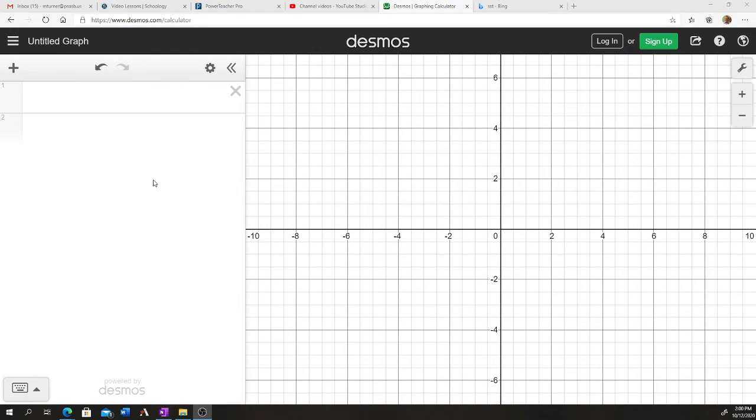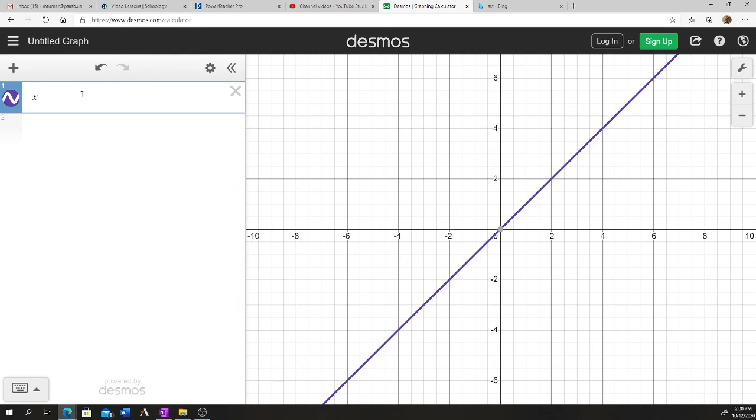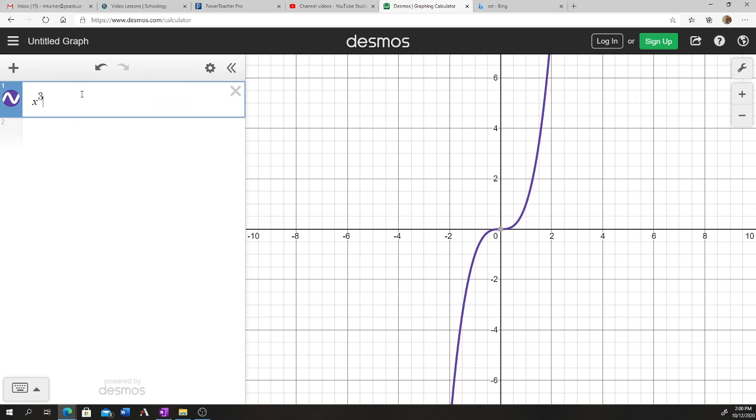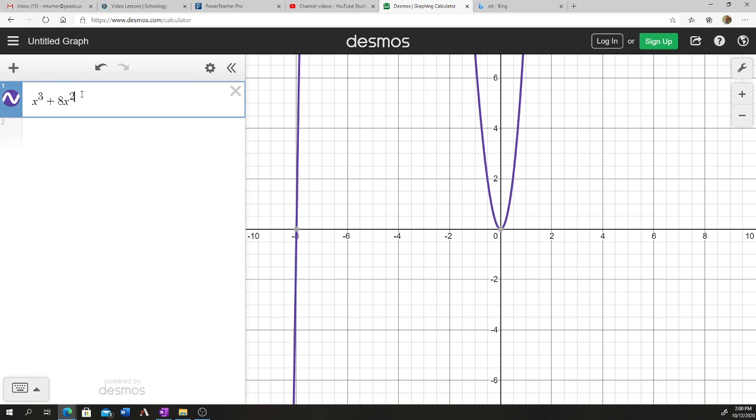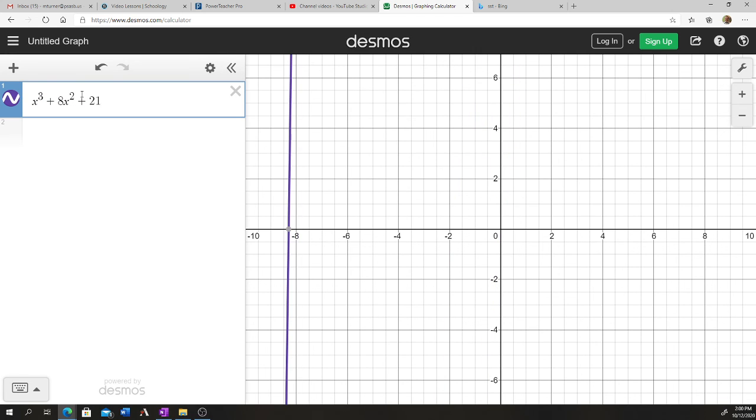So let's say I was getting caught up on the synthetic division, or let's say I did a great job on the synthetic division and I wanted to make sure that my answer is correct. Well, pull up Desmos, and let's take a look at that last one we did, x cubed, remember caret for the exponents, plus 8x squared plus 21x plus 18, and you can put the equals 0 if you want, you don't have to.